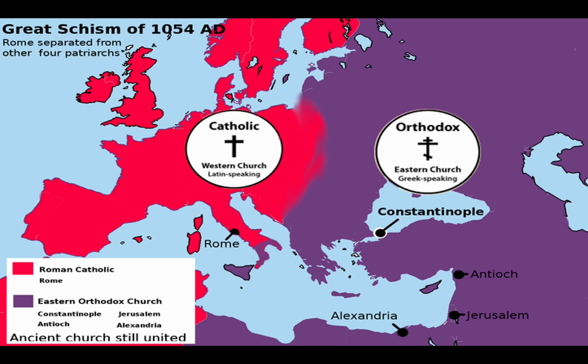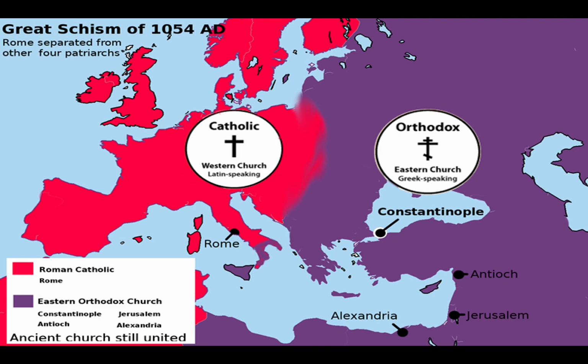He sent some messengers to the Patriarch, and it happens that Michael Cerularius and Leo the Ninth already had this struggle for power inside Christianity. Both of them wanted to be the first leader, or the true leader of Christianity. It was supposed to be the Pope.